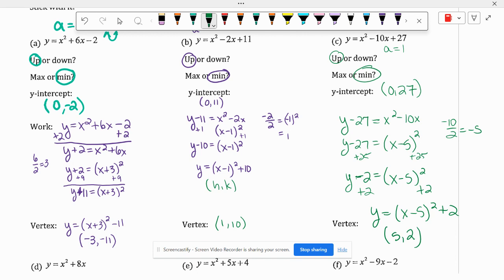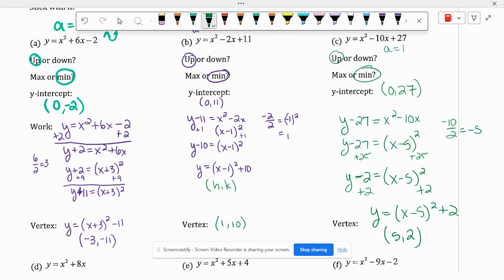So y equals, there's no constant for me to move over, right? I subtract out 0, I still get 0. So y equals x squared plus 8x. So it's half of 8. So now this becomes (x plus 4) quantity squared. What happens to 4 when I square it?